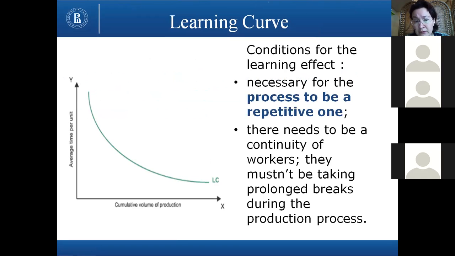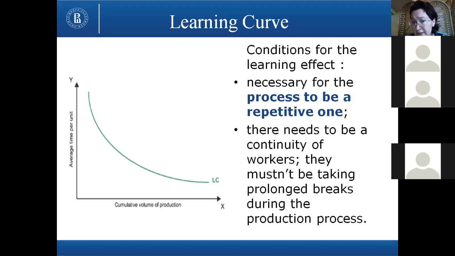Let's look at this chart, and let's look at the main conditions for the learning effect. By the learning effect, we mean the rapid growth in skills. The most important condition is that the process needs to be a repetitive one.